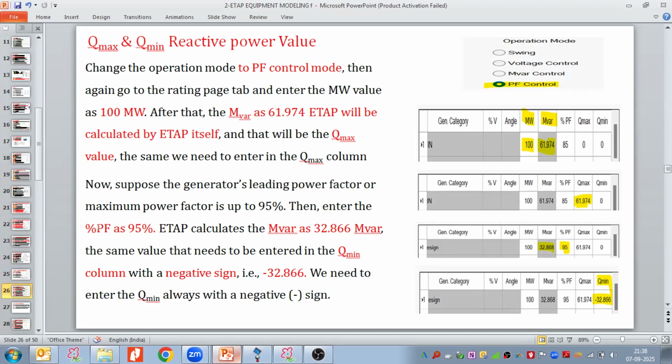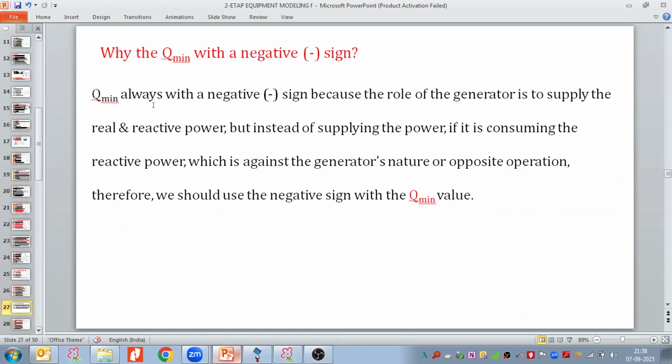Then enter the power factor as 95%. ETAP calculates the MVAR as 32866. The same value needs to be entered into the Q minimum column with a negative sign: minus 32866. We always enter Q minimum with a negative sign.